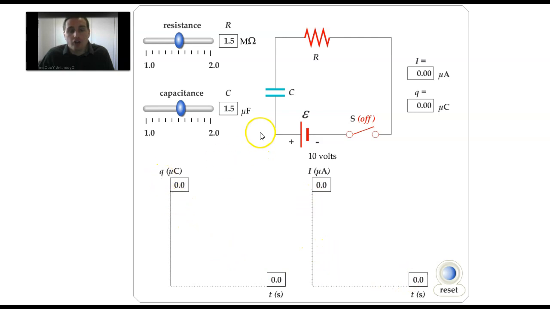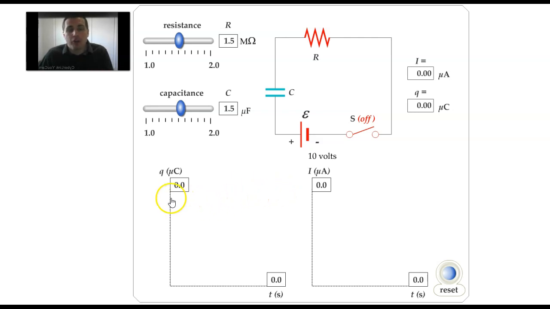Now the charge on the capacitor starts off at 0, and then it rapidly goes up. That's because the current is very high at first, but then over time we get more and more charge, but we should approach some sort of constant or maximum value.